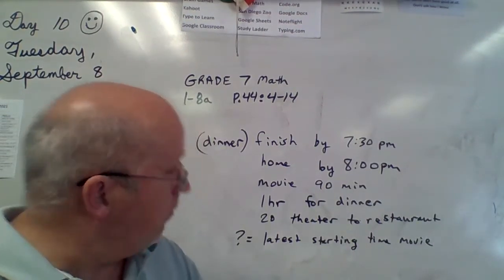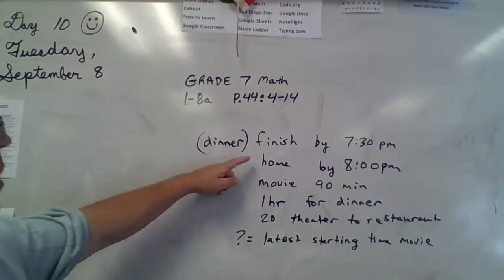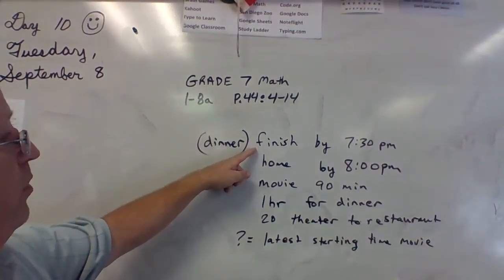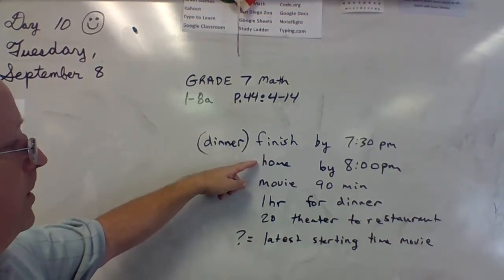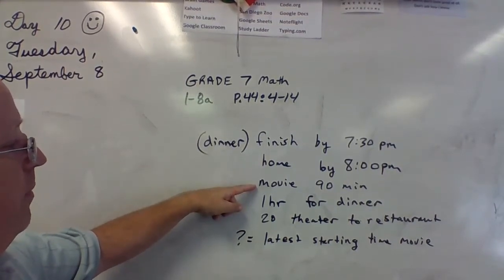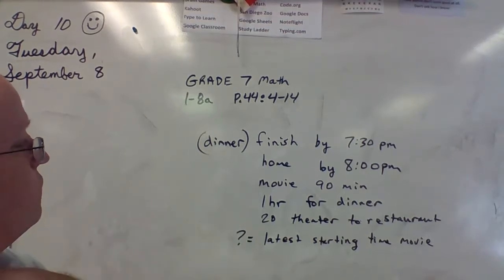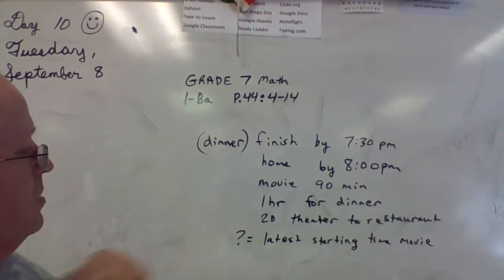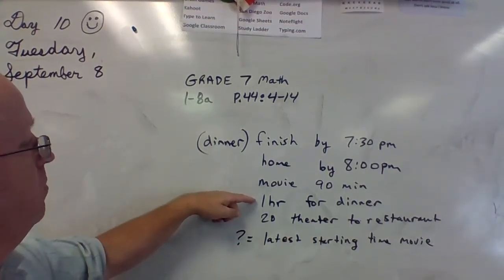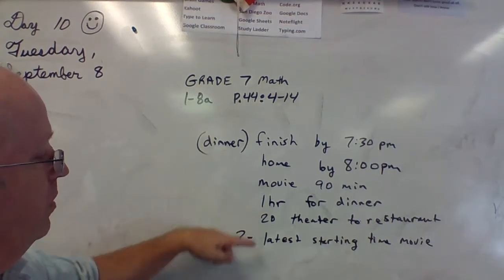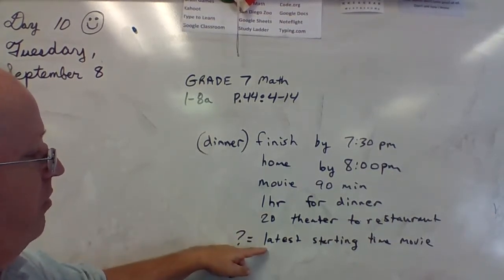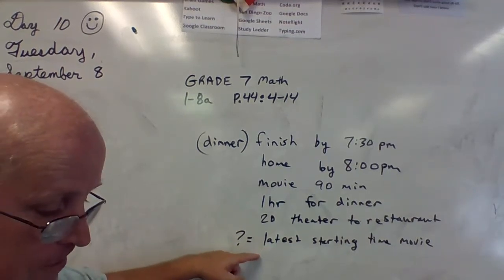So, let's take a look at this. Dinner needs to be finished by 7:30. She needs to get home by 8. The movie is 90 minutes long. 1 hour for dinner. And 20 minutes from the theater to the restaurant. So the latest starting time of the movie.